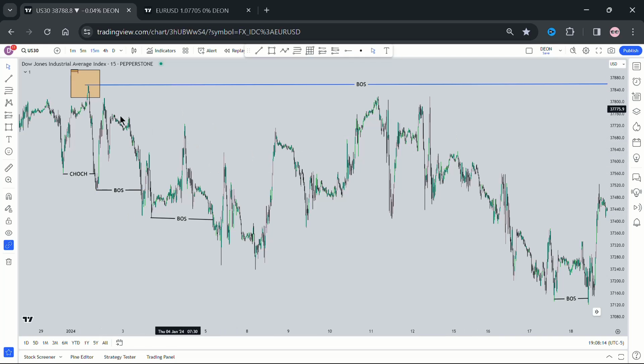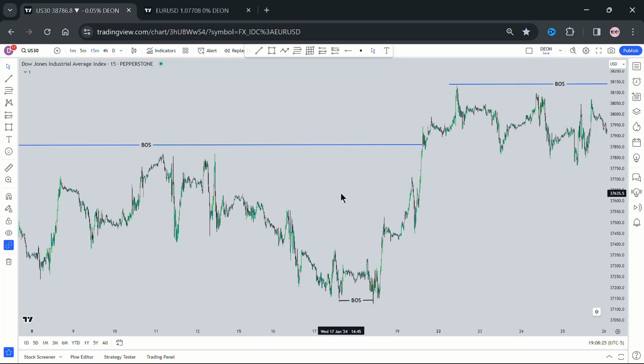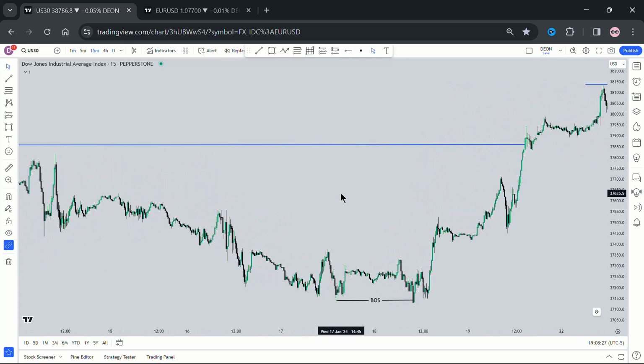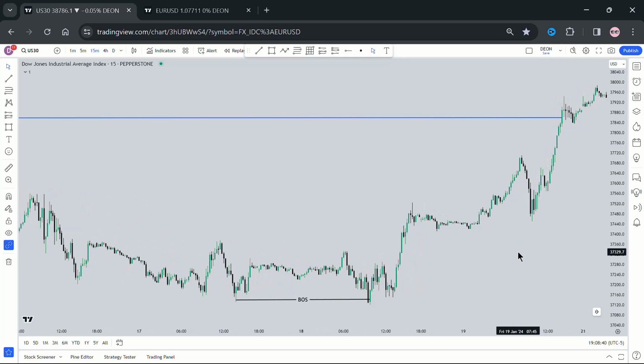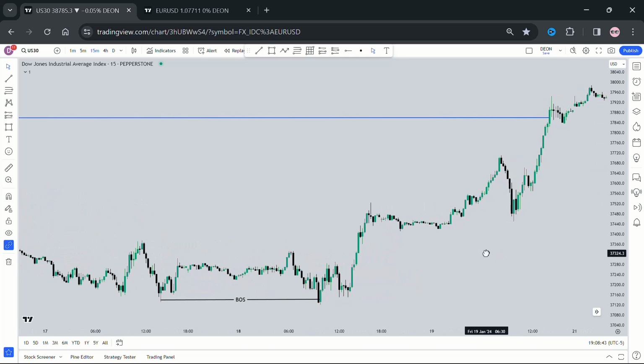Okay, of course the 15-minute chart is saying that you are going down, but on the 4-hour chart, on your bias, it's an uptrend. So this one right here is going to be more high quality. Okay, the setups are going to be of higher probability.